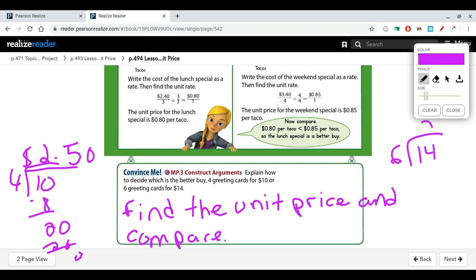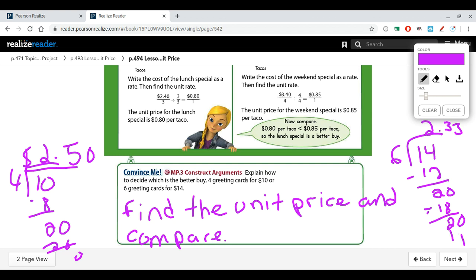So 6 goes into 14 twice. I have 12, subtract, 2 left over, put my decimal and add a 0. Okay. 6 goes into 20 3 times. 6 times 3 is going to be 18. Subtract, I have 2 left over, add a 0. 6 goes into 20 3 times.